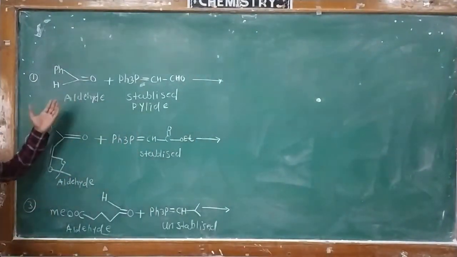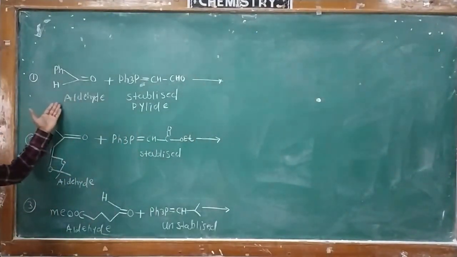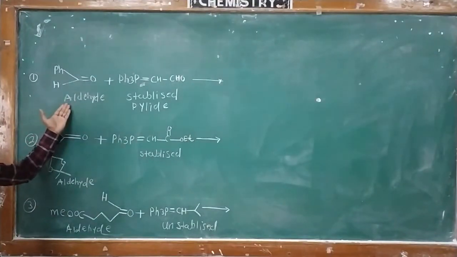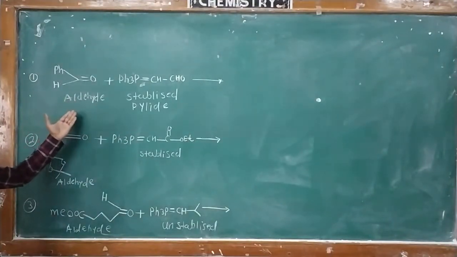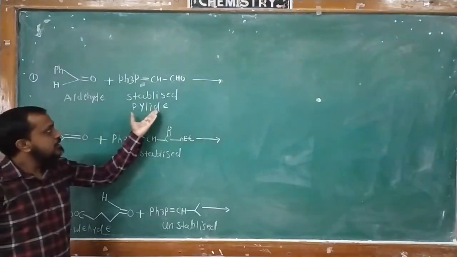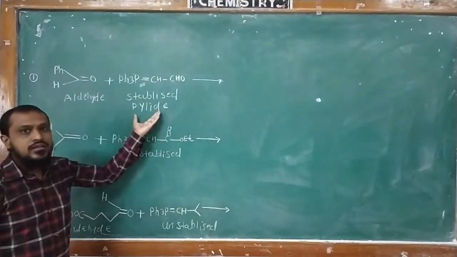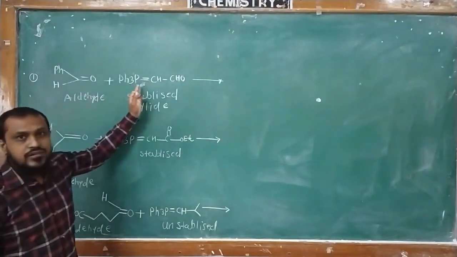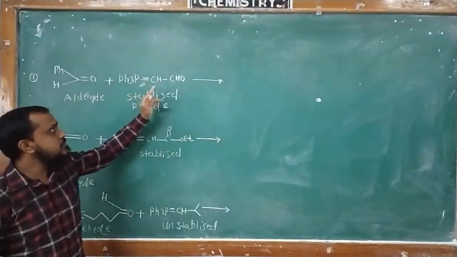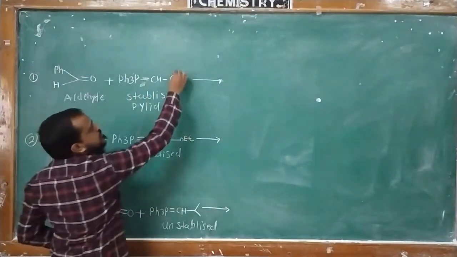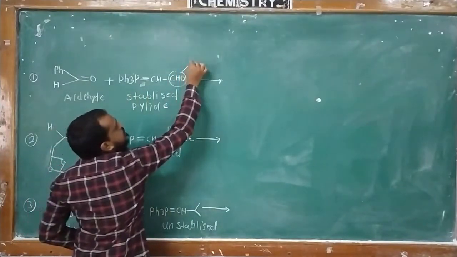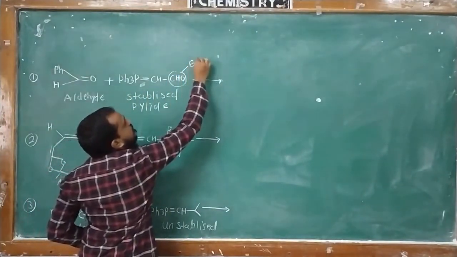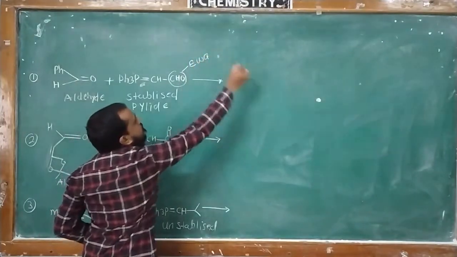In the first example, I have taken benzaldehyde, and the other reactant is a stabilized phosphorus ylide. We know that this phosphorus ylide is stabilized because a CHO group is attached, and it is an electron withdrawing group. Because the stabilized ylide is less reactive, it gives an E type of alkene.